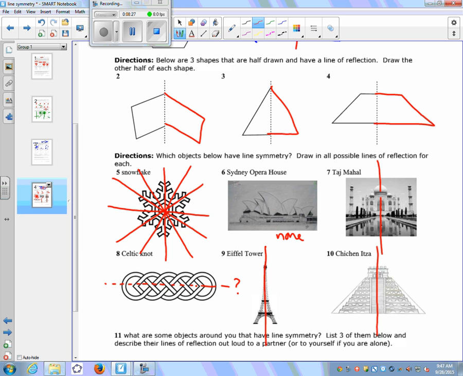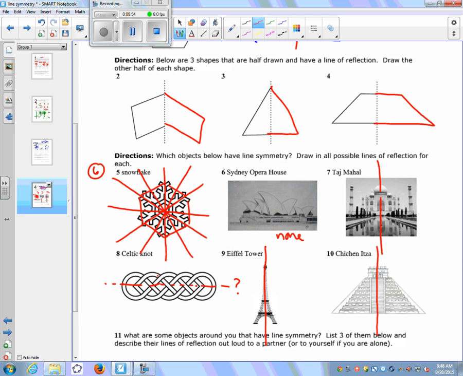Notice this snowflake has 6 lines of symmetry because it resembles a hexagon, right? 6 lines of symmetry. Sydney Opera House, not really. Taj Mahal does. This Celtic knot, I put a question mark because if you really go by what's going over and what's going under, it doesn't fold perfectly.